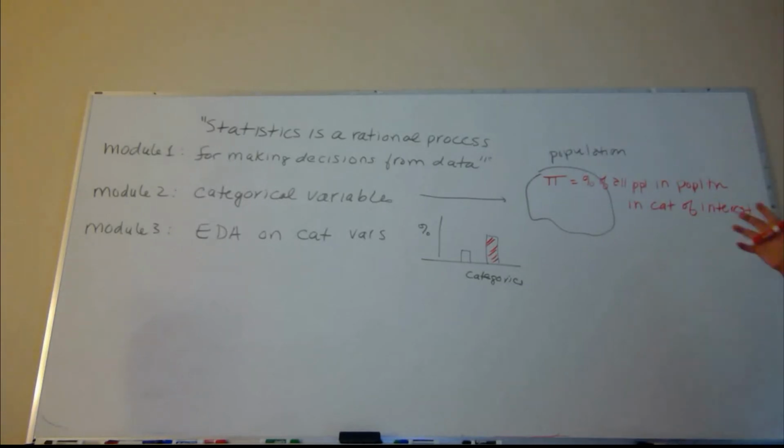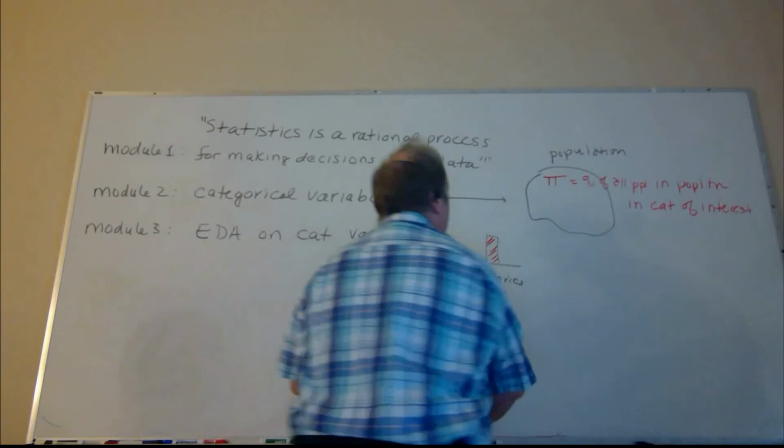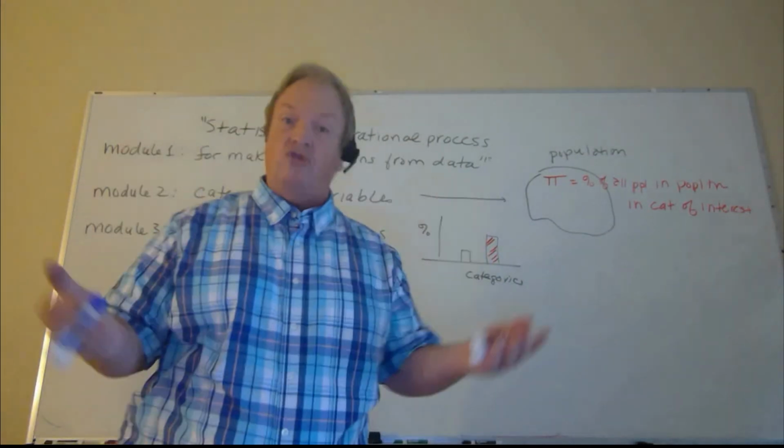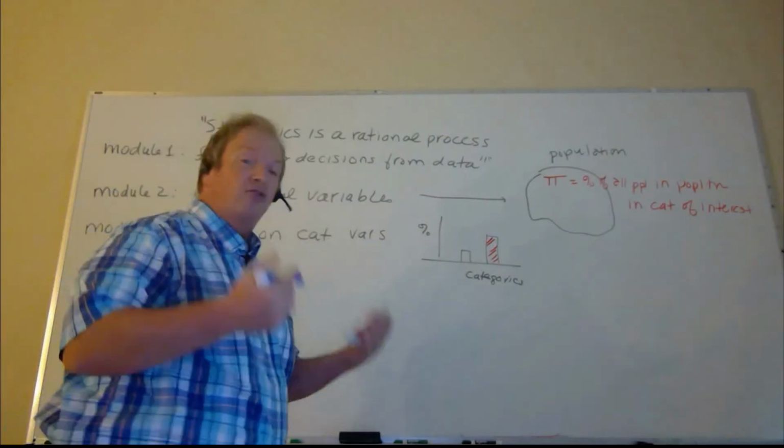And so the decision that we wanted to make was on the value of pi. We almost never get the population, right? It's too large, everyone's not accessible, et cetera.